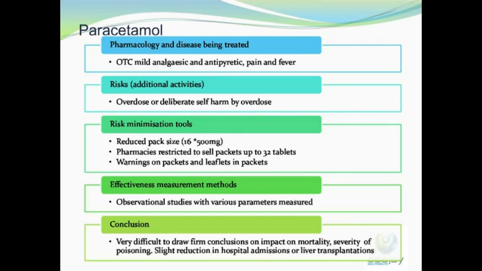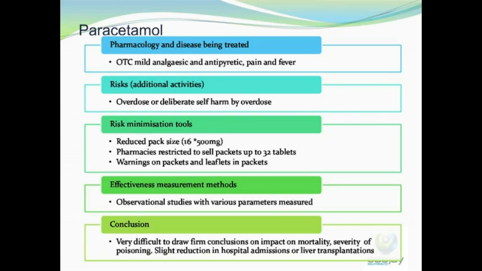You'd need a hepatic transplant. A risk minimization activity was to reduce the pack size, so you could only get up to 32 tablets. The idea behind that was that it reduces the amount available to the patient, so the maximum you'd be able to take in one go is 32.